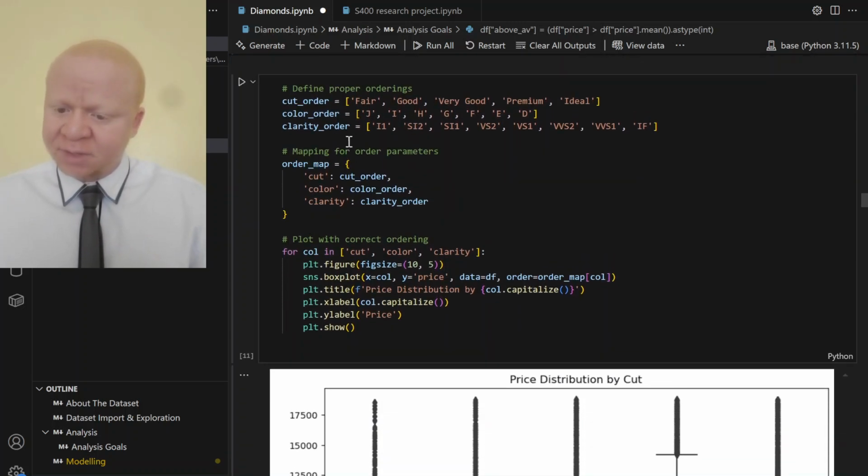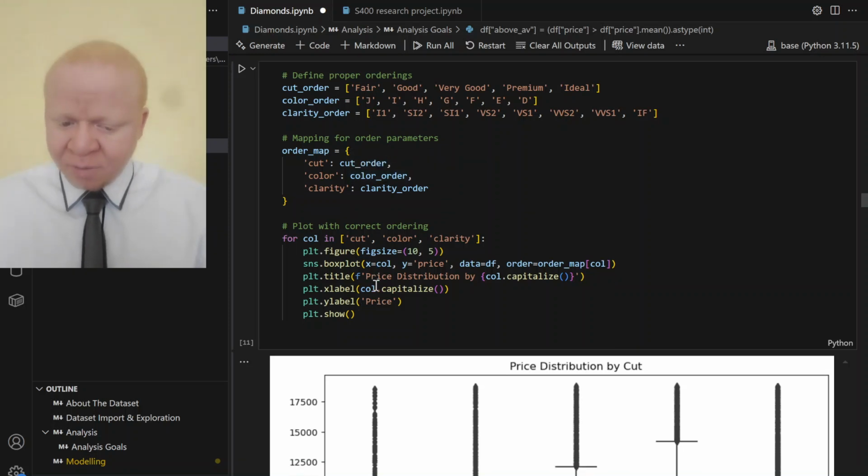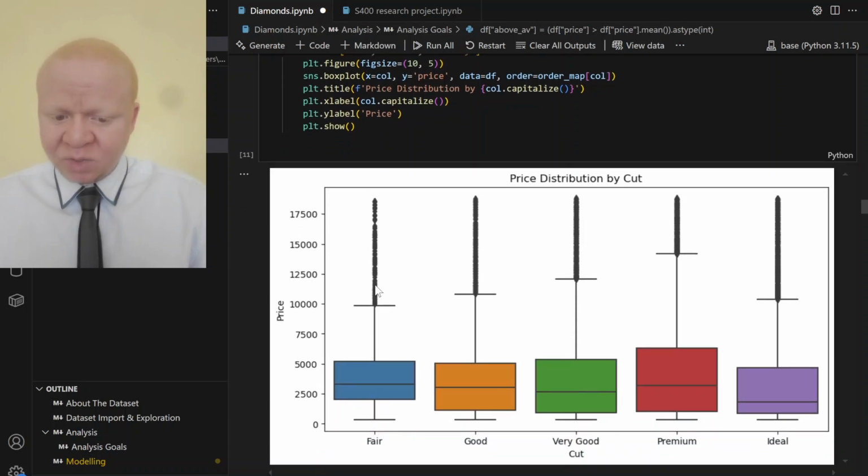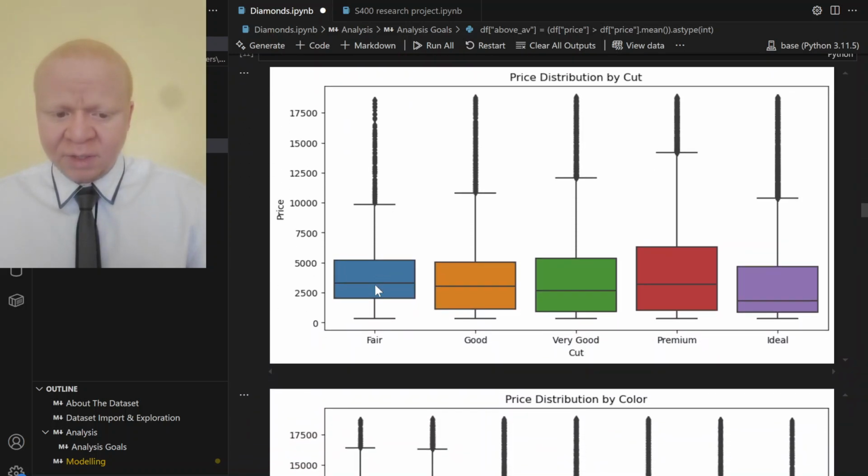Here I observed that cut, color, and clarity are ordinal data variables, and after ordering them, I compared the price taking into account their ordering. I did not see any trend when looking at the median.